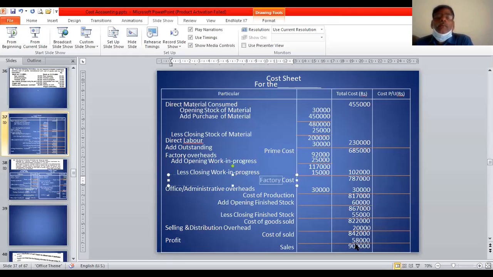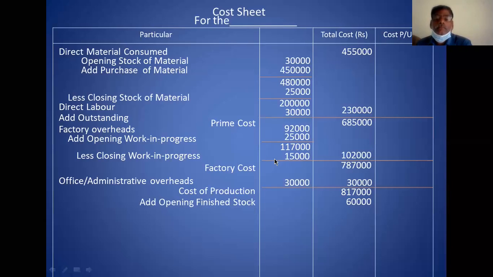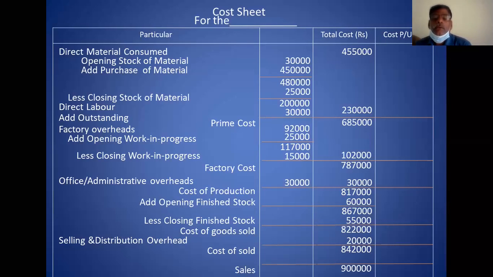So profit is 58,000. Sale is 9 lakh. Now the profit is 58,000. Like this, you calculate the profit and calculate the different aspects of cost. This is the simple form of cost sheet, which covered all the items.